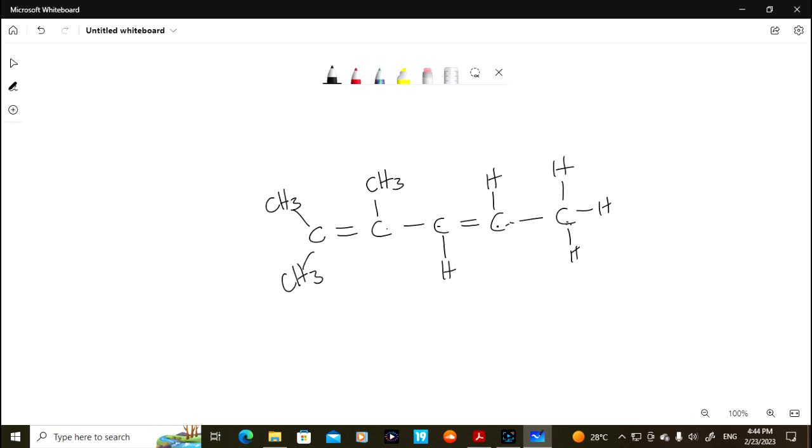If we take this as carbon number 2, then this will be 3 and this will be 4, right? So our methyl will be on number 4 and another one on number 5. But if we start with this one as number 1, this methyl will be on number 2 and this one will be on number 3. So the total number of substituents will be less if we start from left to right.